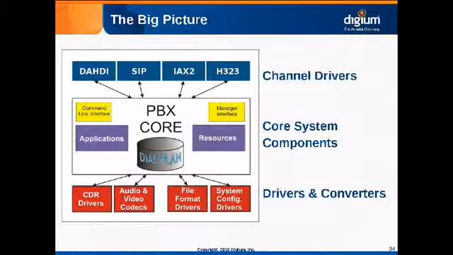The core takes care of loading the other modules and talking to the channel drivers. The biggest piece of the core is something we call the dial plan. The dial plan is really the scripting engine within Asterisk. It's where you put all your logic in the system. It's where you say, hey, if somebody dials extension 123, what's going to happen? Now, on a traditional PBX, that's just a simple routing table, right? 123 goes here, and 124 goes here, and 125 goes there.